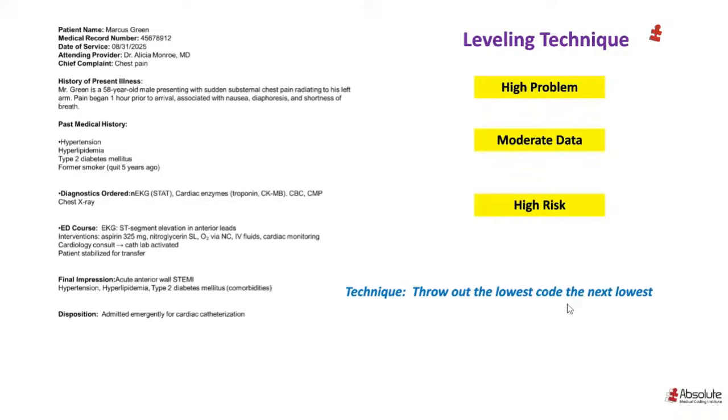Even if I made a mistake, let's say I scored it differently, I just didn't agree, because coders do have some level of subjectivity, right? So let's say I did score moderate data. Well, you know what? This leveling technique ensures that I assign the correct level, right?